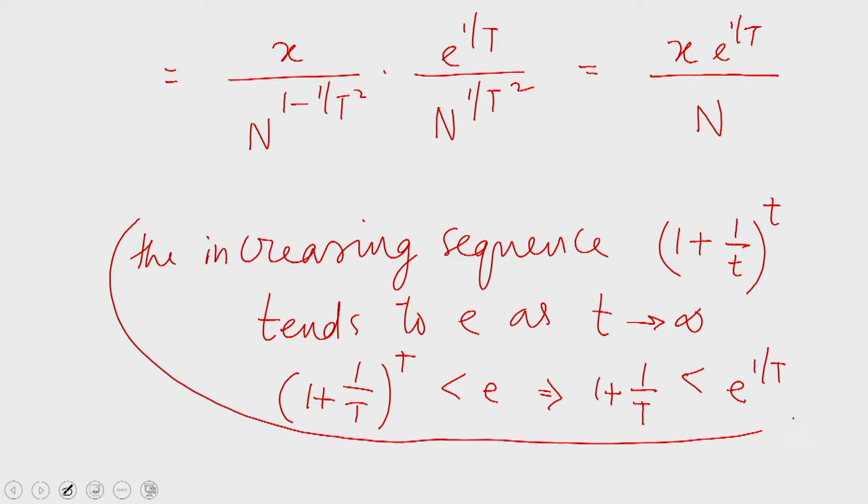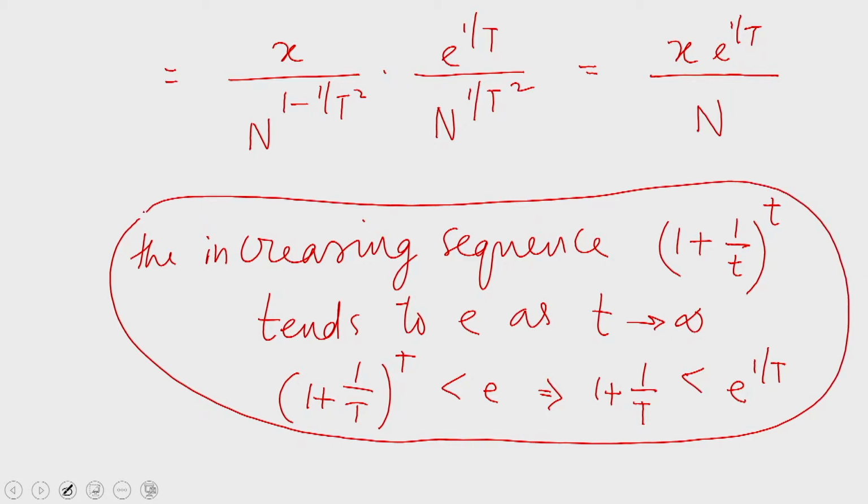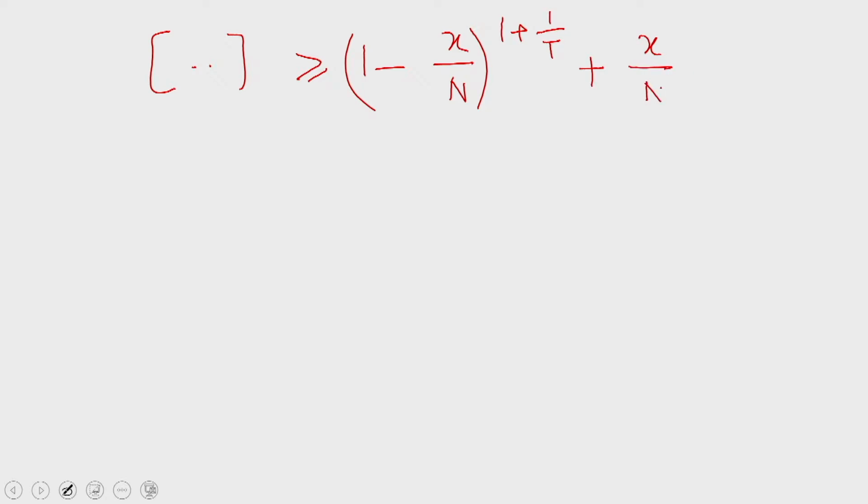This enables us to say that this is at most x times 1 plus 1 by t by n. In other words, the content within the square bracket is greater than or equal to (1 minus x by n) to the power of 1 plus 1 by t, which is the first term, plus x by n into 1 plus 1 by t, which is the second term.